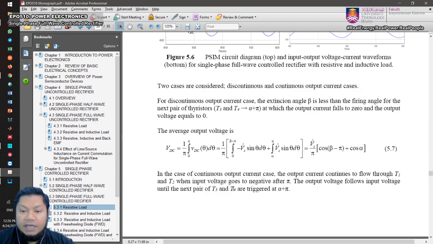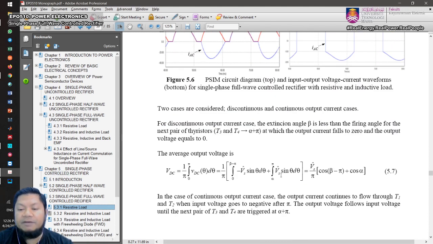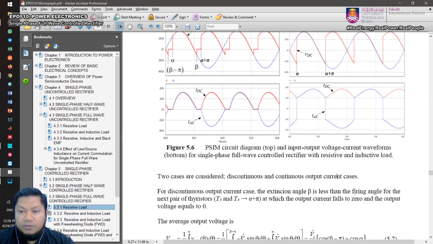So that's why in this integral you're going to have 0 to beta minus pi of minus V peak sine theta, plus from alpha to pi of V peak sine theta, and then solve that. Now you're going to have V peak over pi times cos(beta minus pi) plus cos alpha. Okay, so this is the case of discontinuous current operation.